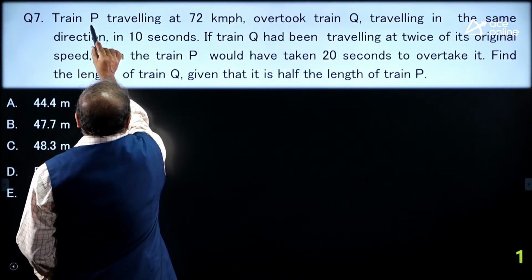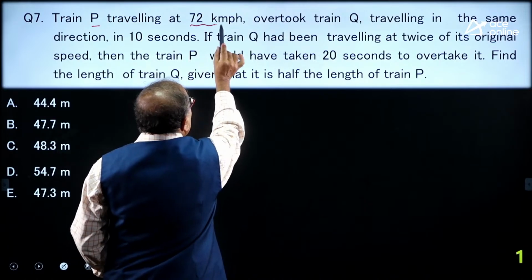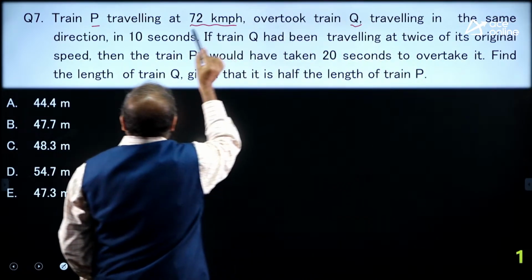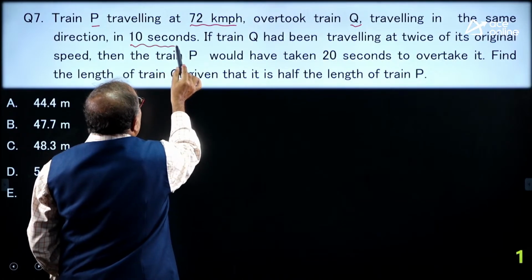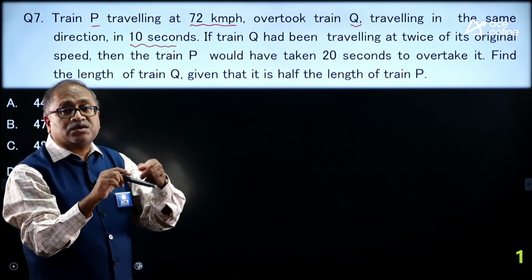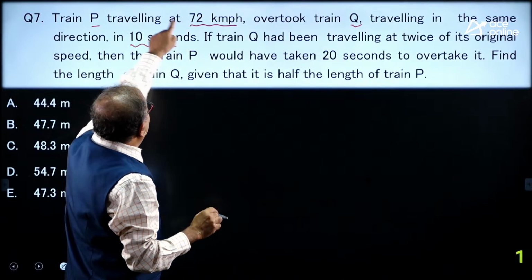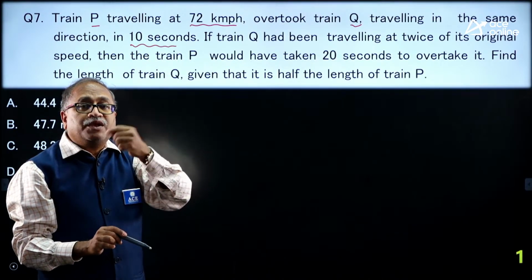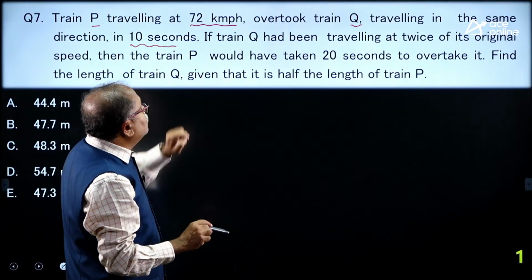Now, come to this. Train P traveling at 72 km per hour overtakes train Q traveling in the same direction in 10 seconds. So, let us see some more information. I only know that train P has overtaken train Q, and the speed of train P is 72 km per hour.